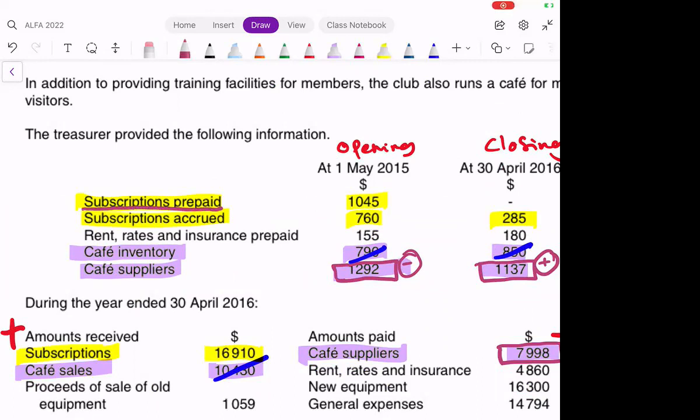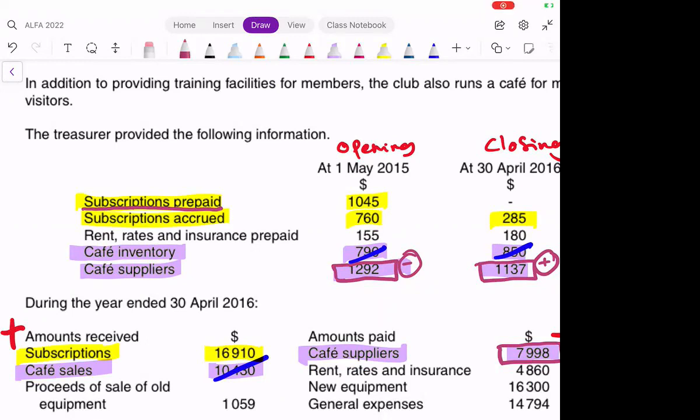Subscription prepaid is asset or liability? Subscription is an income, right? Prepaid means you over received or overpaid. If you over received, you owe the guy or the guy owes you?